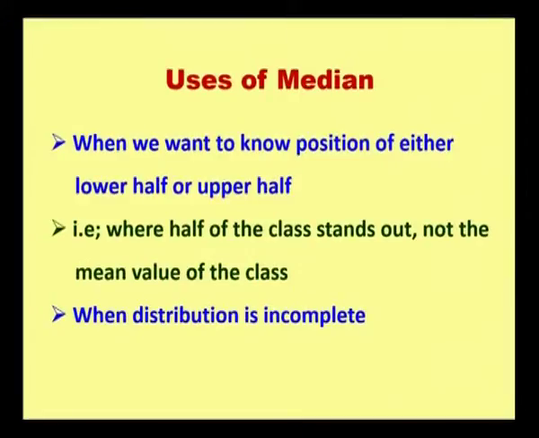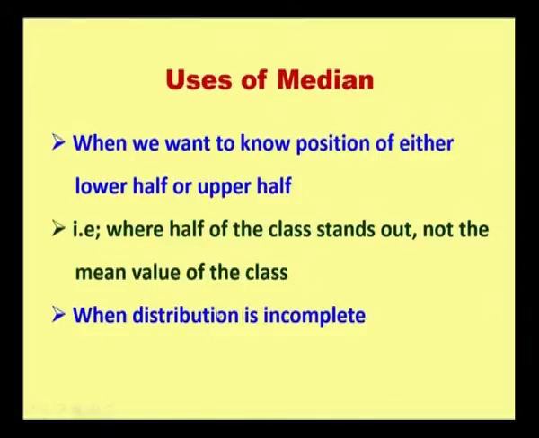The mean value is something else. Here it is the middle value. That means exactly the same number of items stand on the left hand side and the right hand side, below and above, and therefore it divides the data set into half, that is all.